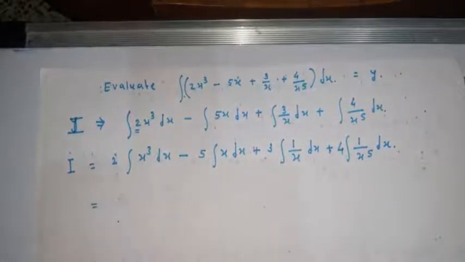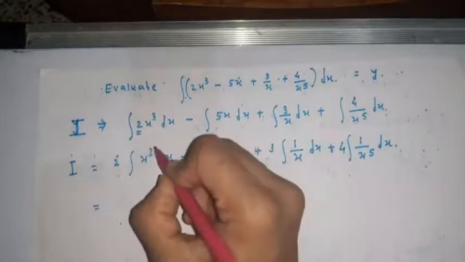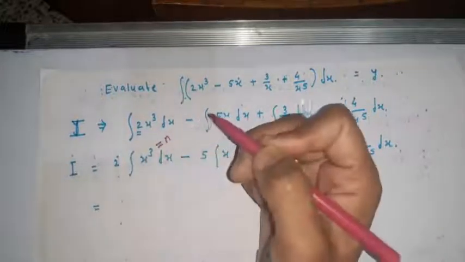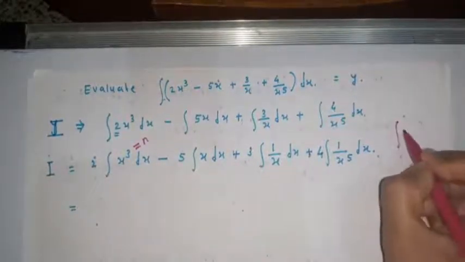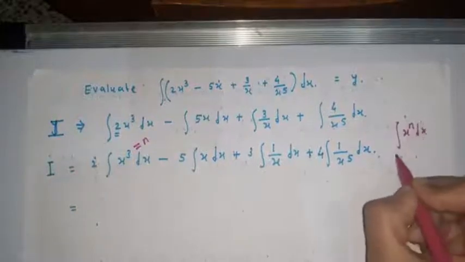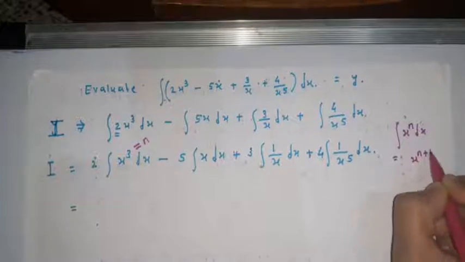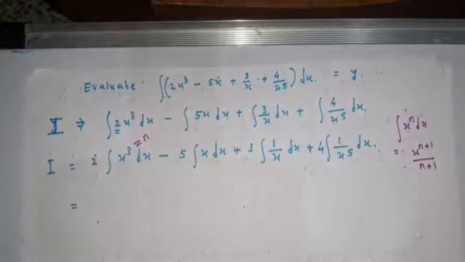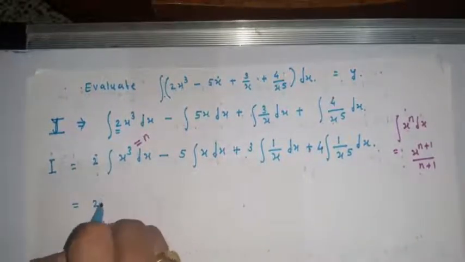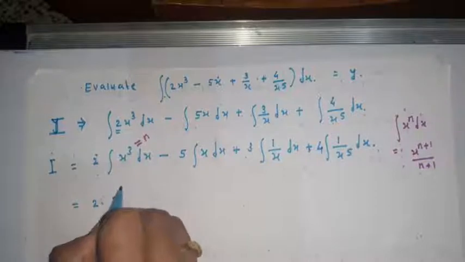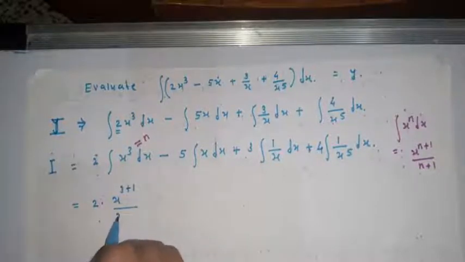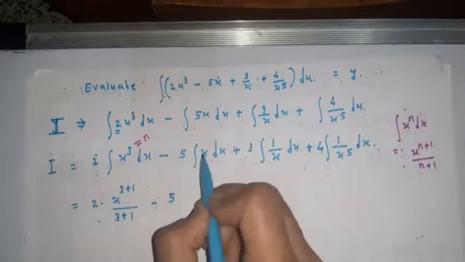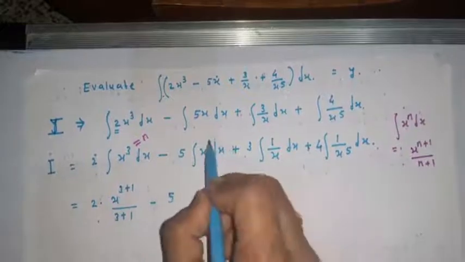Now students, to integrate this we use the x raised to n formula; the value of n is 3 here. The formula is x raised to n plus 1 upon n plus 1. So the value of n is 3, and that's why here 2 as a constant, x raised to 3 plus 1 upon 3 plus 1, minus 5 as a constant, x here means x raised to 1.